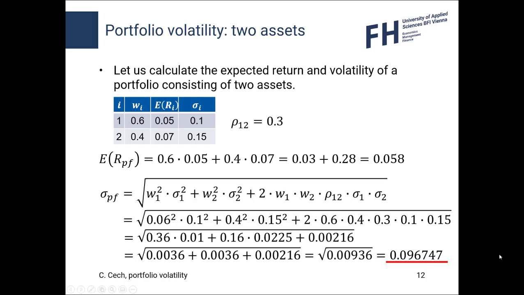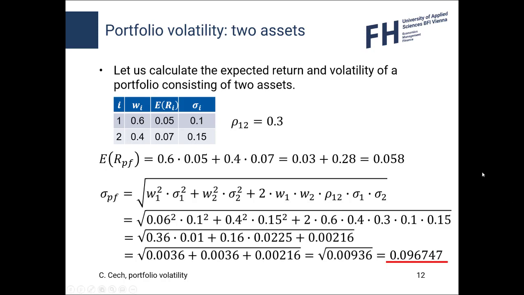What is striking in this example is that we have combined these two assets, and you see that asset 1 has a volatility of 10%. Asset 2 has a volatility of 15%, but because of diversification effects, we receive a portfolio with a volatility of only 9.7% roughly, which is less than the 10% of asset 1 and definitely less than the 15% of asset 2.